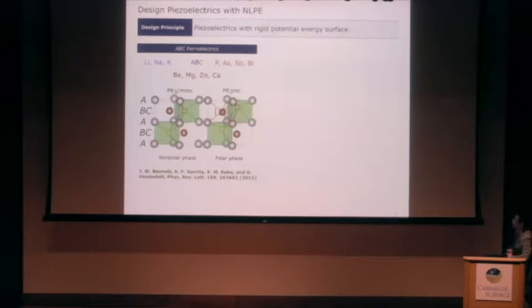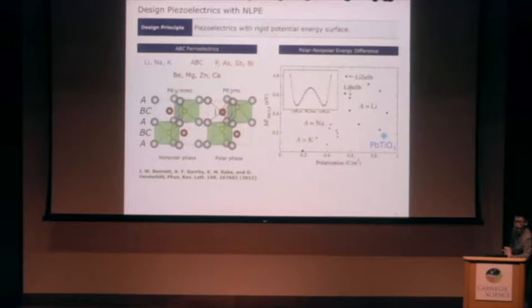It caught my attention because in the paper, they also calculated the switching barriers. This figure shows the switching barrier, which is essentially the energy difference between the polar phase and non-polar phase, as a function of polarization for all the ABC ferroelectrics they discovered with a first-principles high-throughput approach. As you can see, a lot of ABC ferroelectrics are quite rigid.